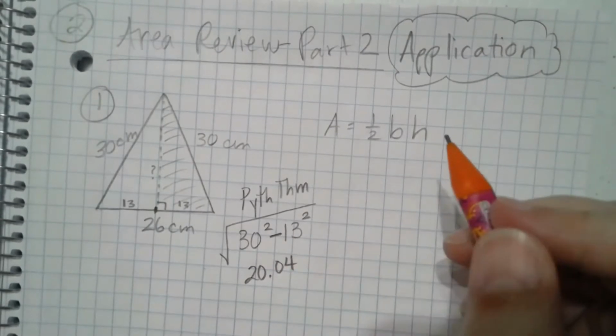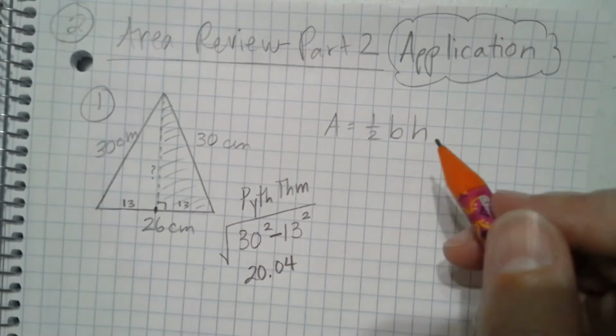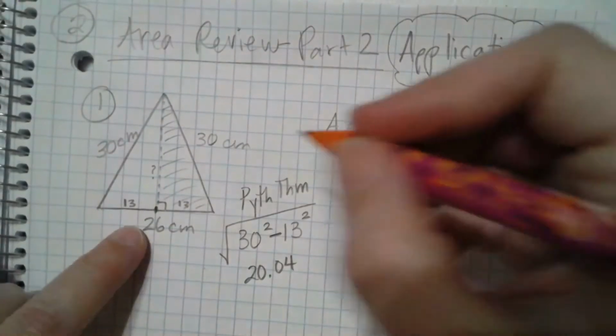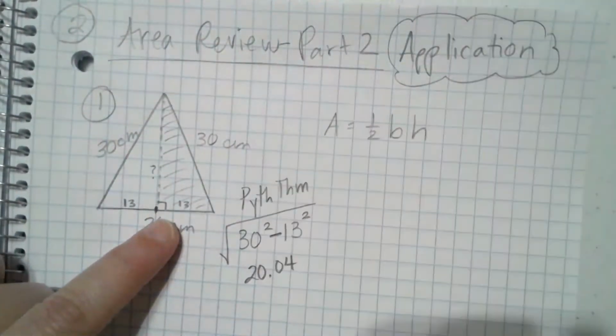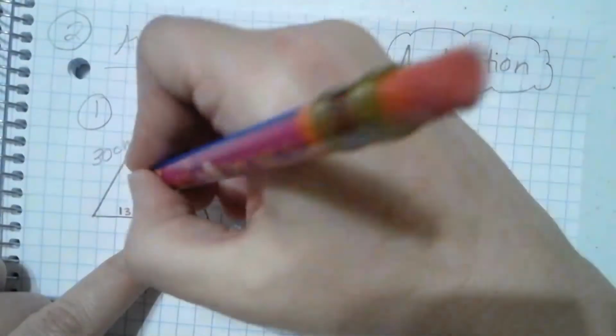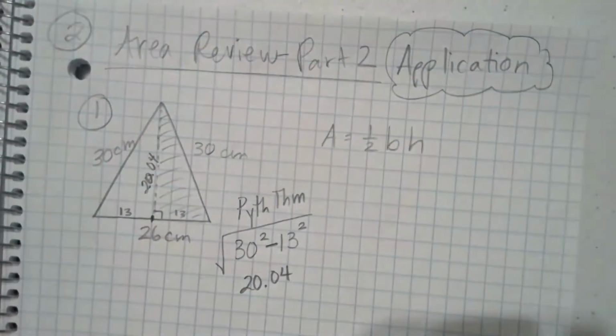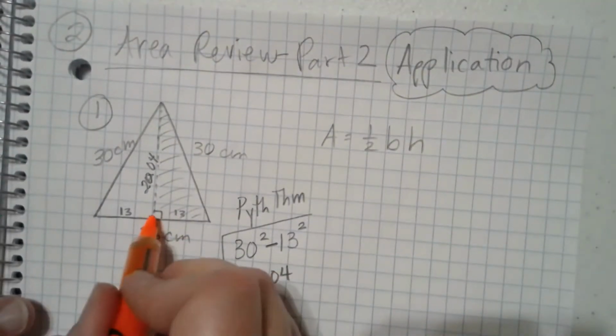I would not round it to 20. We want to probably give it a couple extra decimal places as we're working so that we are not too far off our actual answer. Okay, so that tells us now that this question mark right here is going to be 27.04. Okay, so now we've got that right angle.